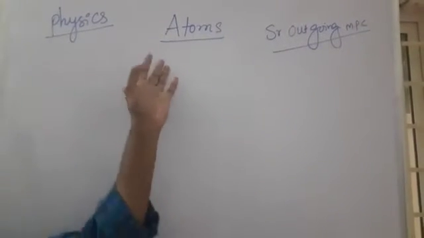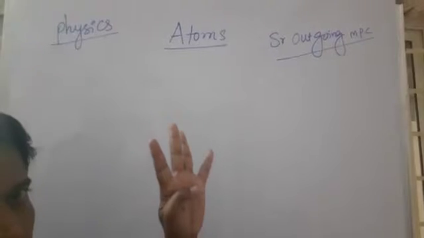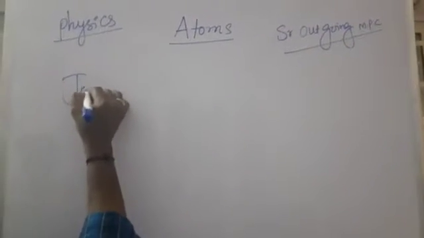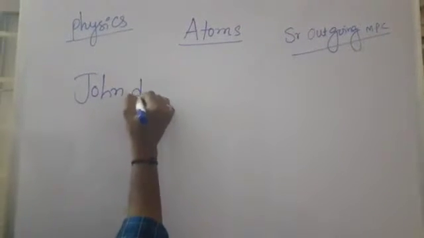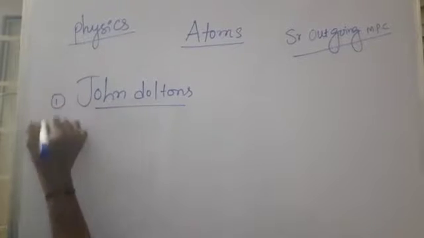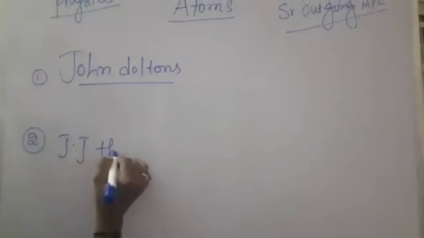To explain this atomic structure, four theories are invited. First one is John Dalton's theory. Second one is J.J. Thomson atomic theory.